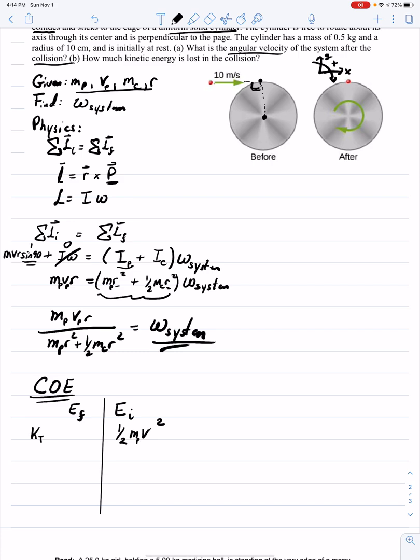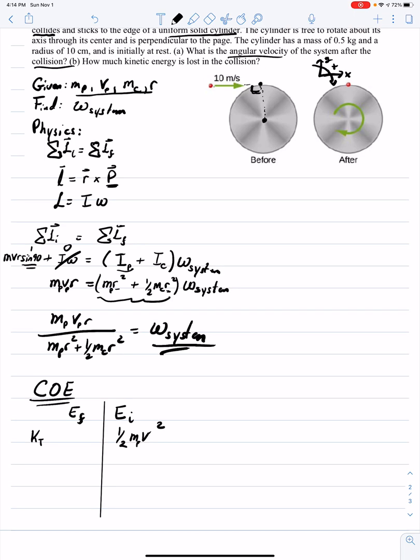Mass of the particle, and I keep saying bullet, but it's actually the particle, I'm sorry. It is the particle: mass of the particle, velocity squared, and there's nothing else going on.